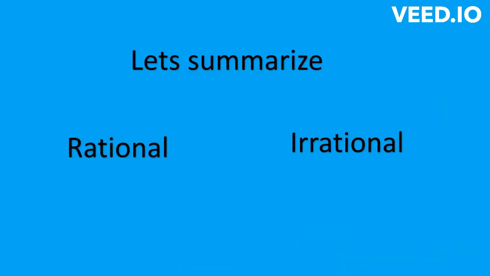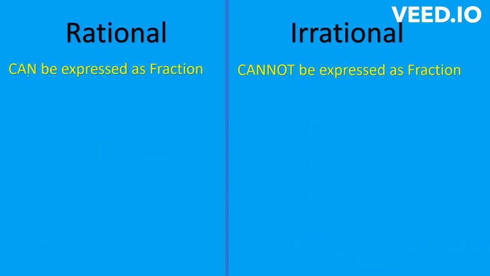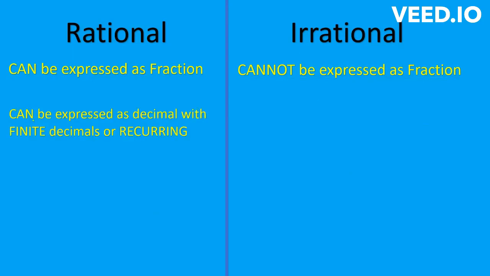Let's summarize the differences between rational and irrational numbers. A rational number can be expressed as a fraction. An irrational number cannot be expressed as a fraction. A rational number can be expressed as a decimal with terminating decimals or a recurring decimal.